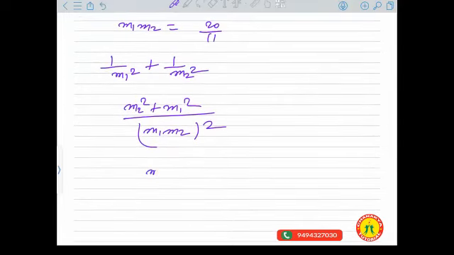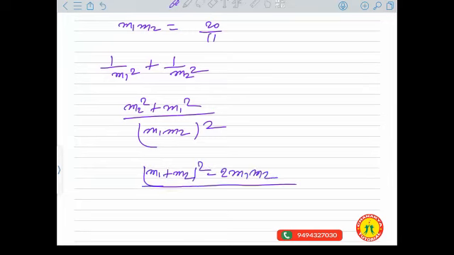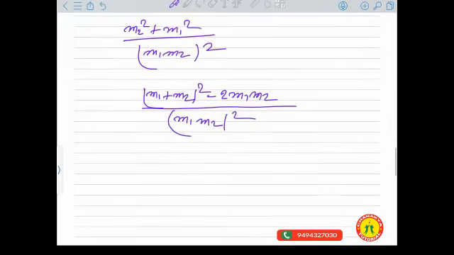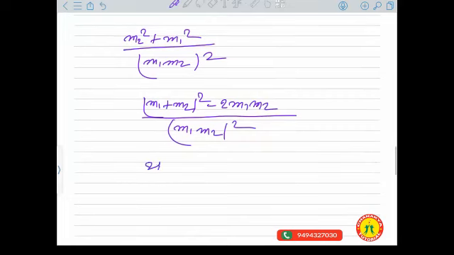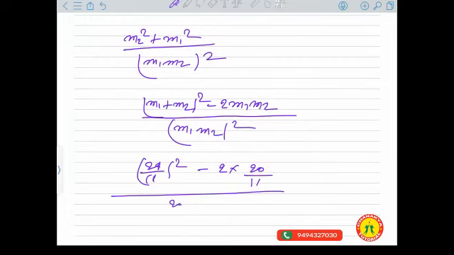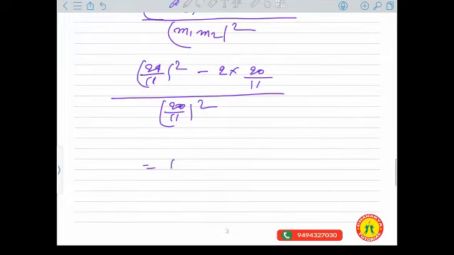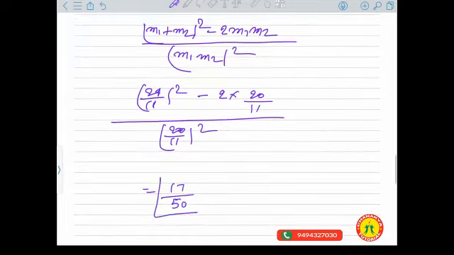We can apply (m1 plus m2) square minus 2 times m1 m2, upon (m1 m2) square. Put the values: (24 by 11) square minus 2 times 20 by 11, upon (20 by 11) square. We get 17 by 50. So this is the answer for this question.